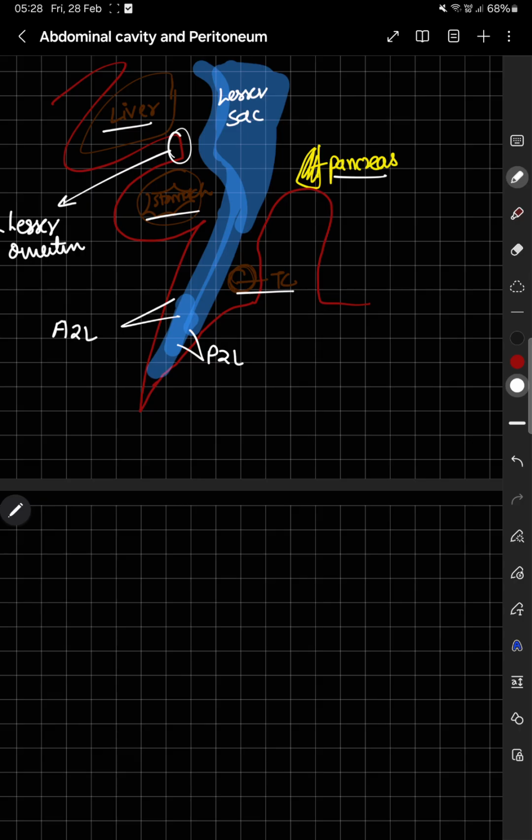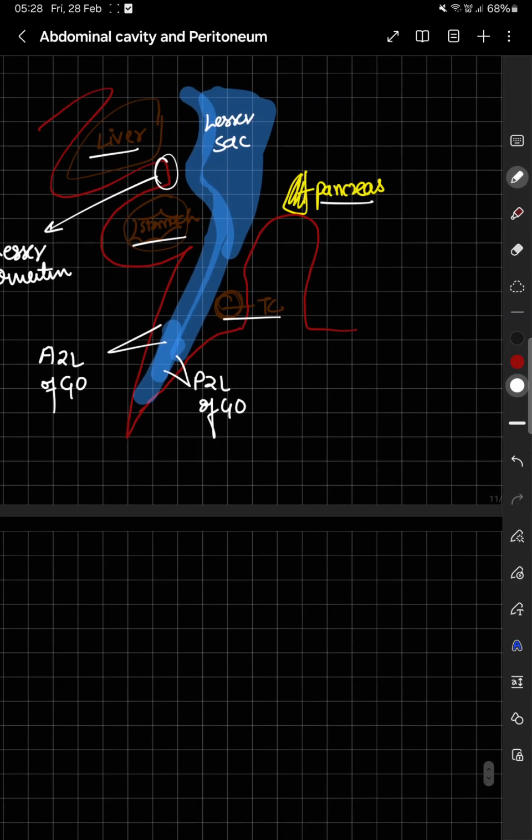Then we have the posterior two layers of the greater omentum. We have the lesser omentum as well between the posterior inferior surface of the liver and the lesser curvature of the stomach. We have the pancreas, the transverse colon, and then here our third part of the duodenum. I don't know if it is important or not. So this is our sagittal section.